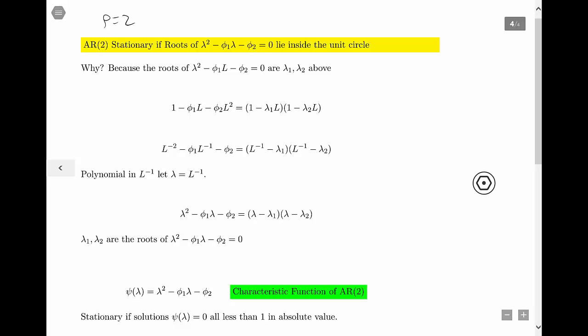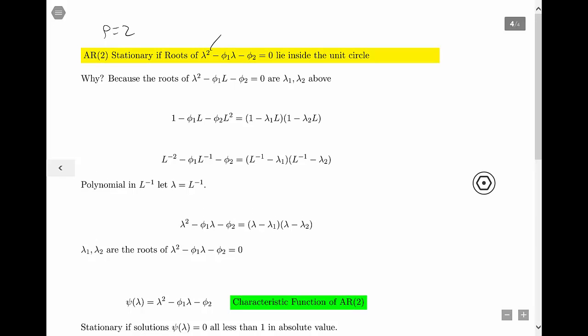For this case, this would be the characteristic function here. The AR2 is stationary if the roots of this equation, where the phis are just the AR2 coefficients, i.e. the two values of lambda which solve this, again just a quadratic in lambda, are both less than 1 in absolute value.